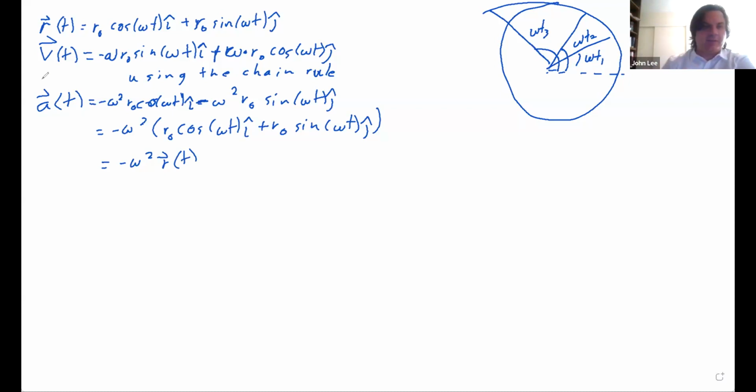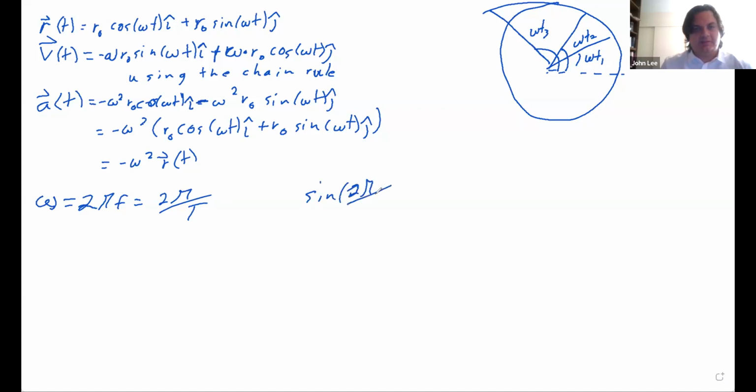The first is the definition of omega: omega equals 2 pi times the frequency equals 2 pi over period, which is just the definition of what happens when you have a sine wave of some constant 2 pi over period times t.